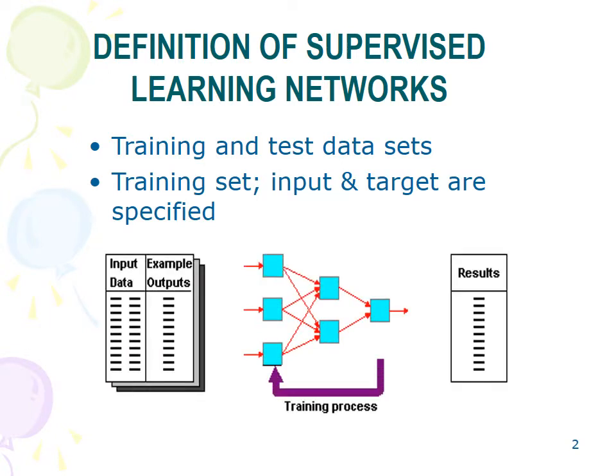So this is the input data and example outputs. The training process will happen based upon the number of inputs, which are already given. The output is chosen with the help of these input data and the computation process.